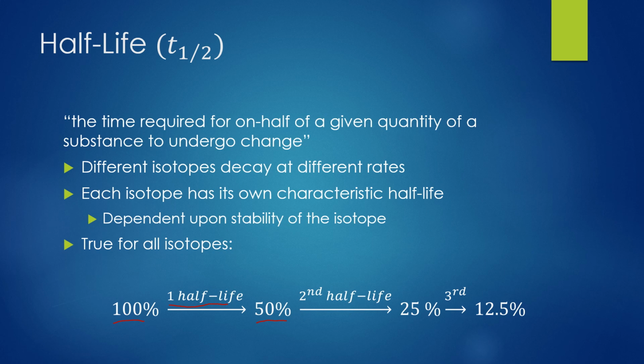Losing half of that gets you to 25%. If you're talking about a third half-life, you have 25%, half of that would give you 12.5%. So after 3 half-lives, all you will have left of the original material is 12.5%. We'll be looking at some calculations on this in the video as well.